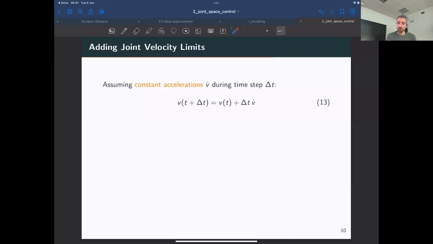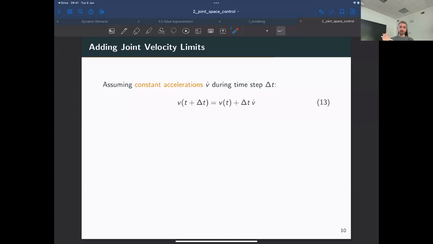So you want to try to stay within the velocity limits. The joint velocities, however, are not part of the decision variables of my problem because I only have the joint torques and the joint accelerations. So I need somehow to express my joint velocities as a function of my decision variables to include these constraints.